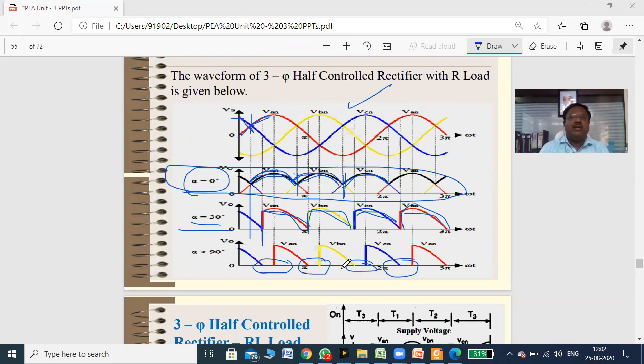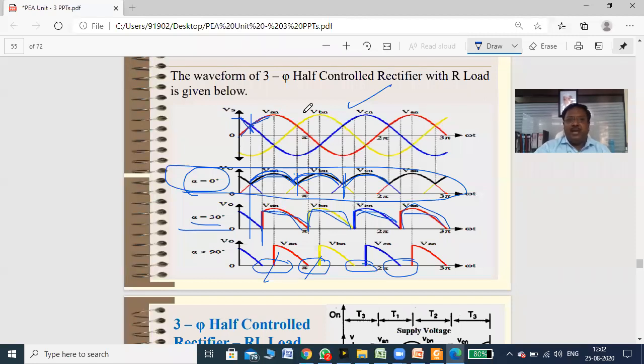So conduction angle is less than 120. So if conduction angle is less than 120, it means that you will get a discontinuous operation. You can see here the alpha is greater than 30 and less than 90. So you will get a discontinuous operation because your SCR doesn't conduct for 120 degrees.